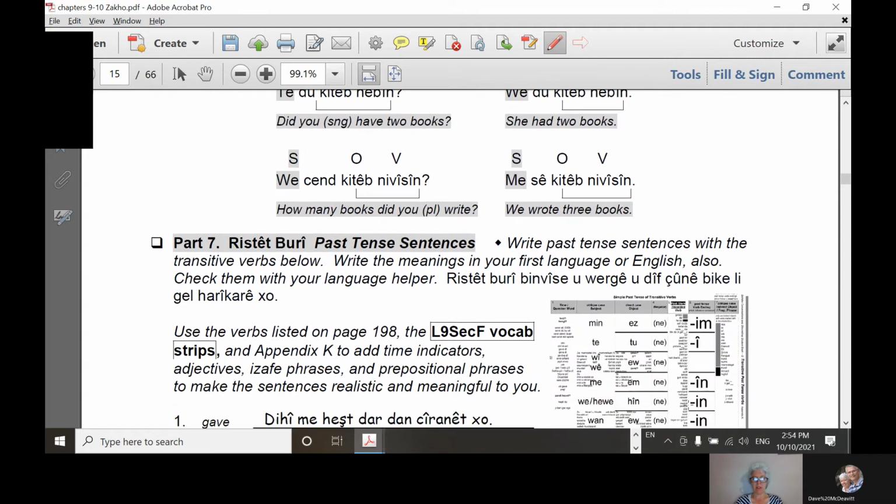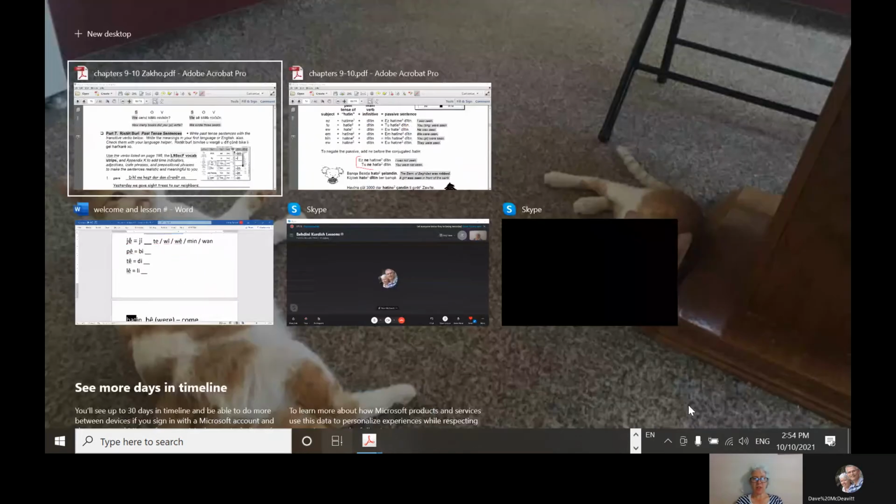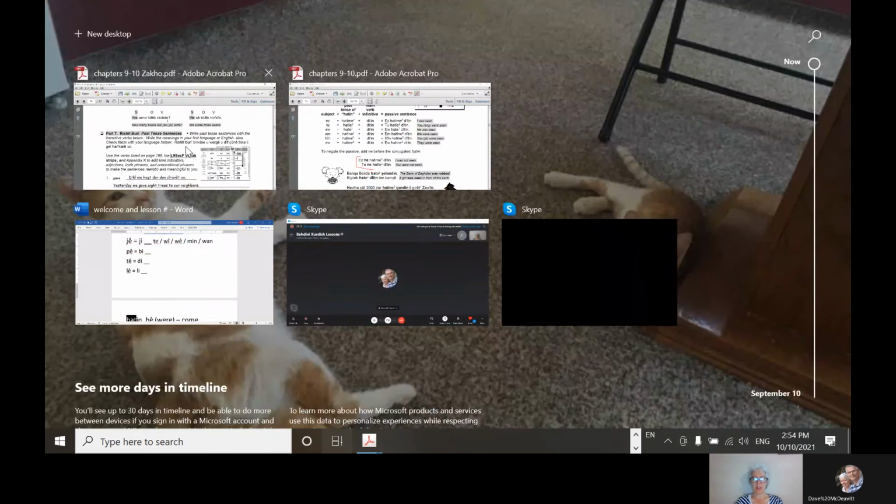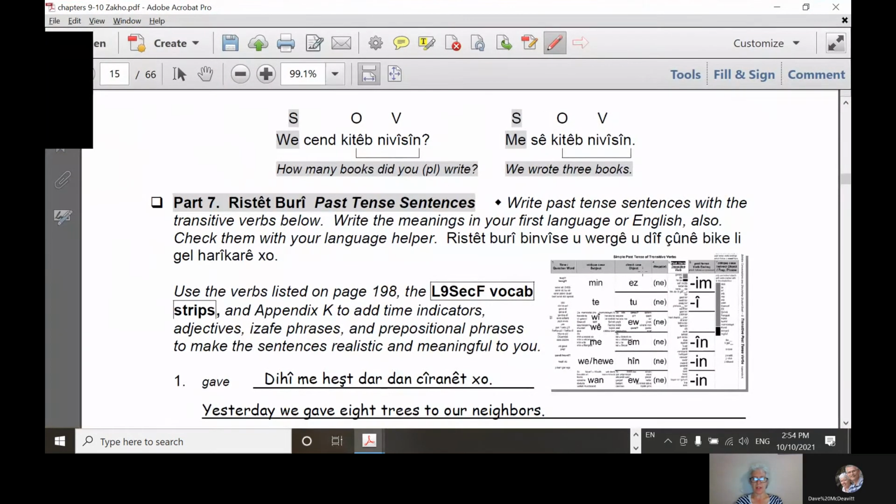Then in part 7, you're going to continue to write some sentences with transitive verbs. Use your appendix K from your book B. And then you can add some time indicators.